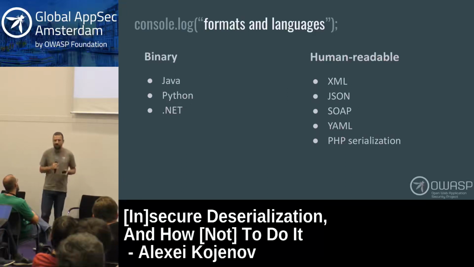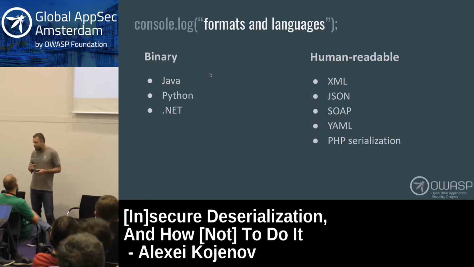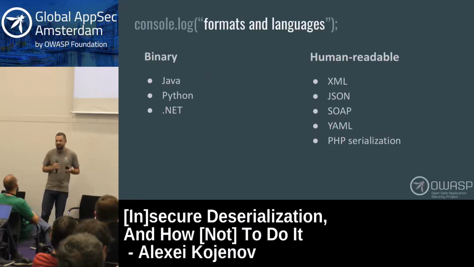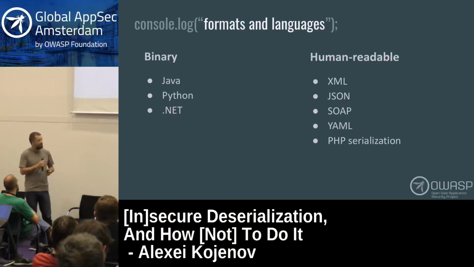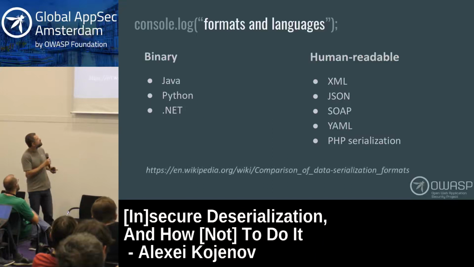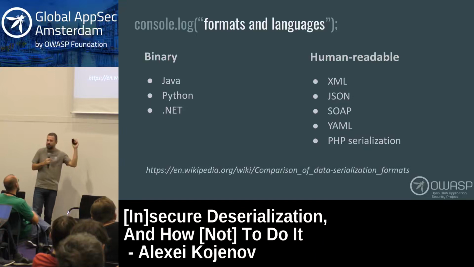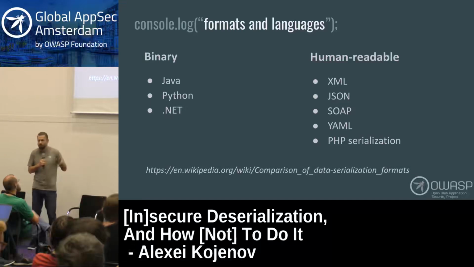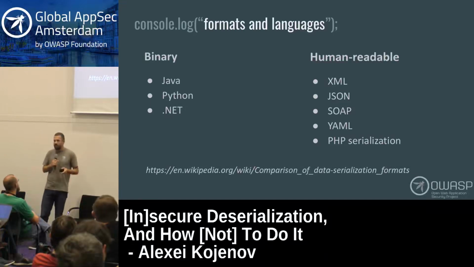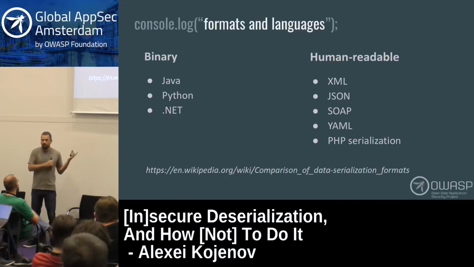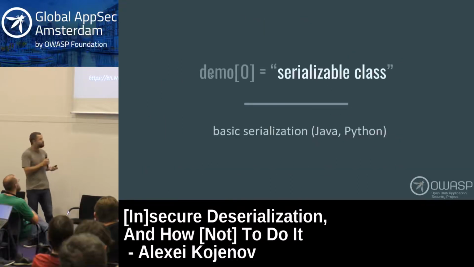You can look at it and understand what's going on. With Java and Python, for example, it's binary. If you look at the file itself, you don't really see exactly what's there. This is just a small subset on this slide. You can go to Wikipedia, for example, to get the full list, and there's a lot of different formats. And you can see right away how broad the subject is, right?